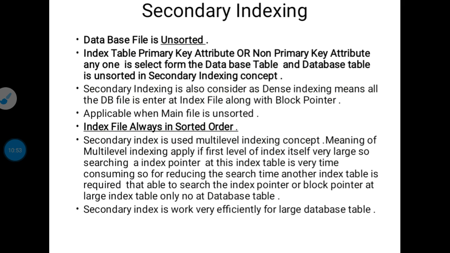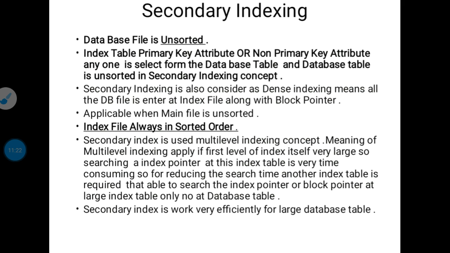So we apply secondary indexing when the main file is unsorted, and remember this very important point: in any type of indexing, whatever index file is generated, the index file is in sorted order. Similarly in secondary indexing, the index file should also be in sorted order, but the main database file varies based on the indexing type.